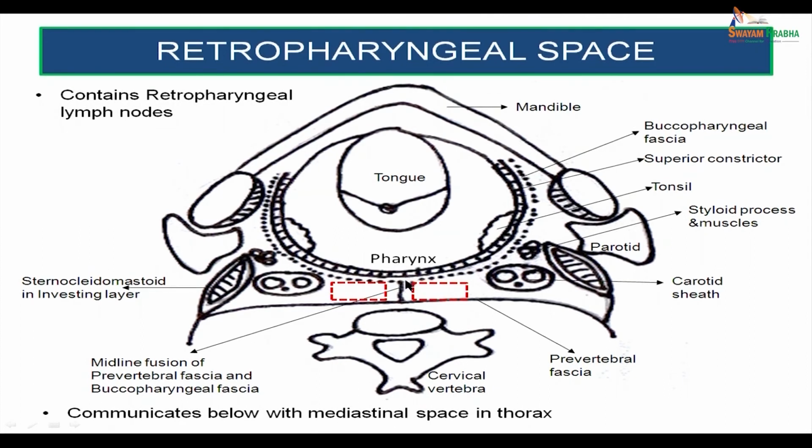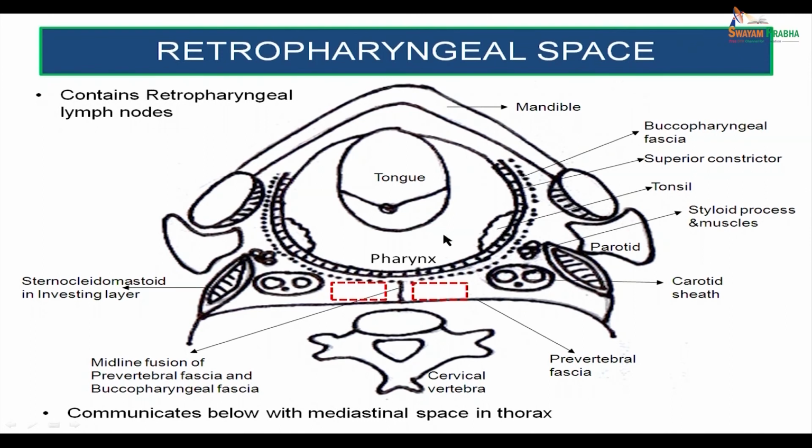Then coming anterior to that, this dotted line passing laterally on both sides is the buccopharyngeal fascia. Inner to the buccopharyngeal fascia, we have the constrictor muscles of the pharynx, the superior constrictor, and anterior to that we have reached the space, the posterior pharyngeal wall.